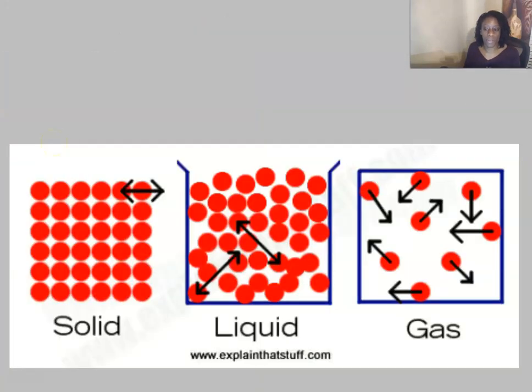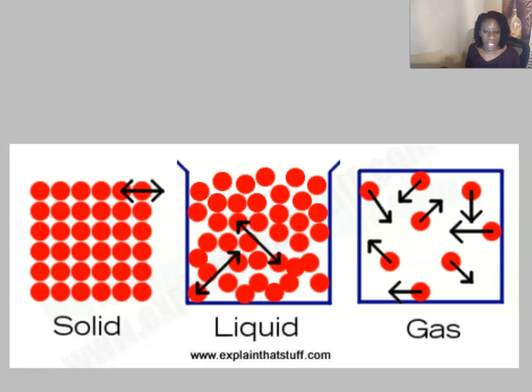Now, when we're looking at particles that exist in the 3 phases, solid, liquid, and gas, typically the most dense phase is going to be the solid form. So let's look at this picture and talk about why. Let's start with the gas. Here, when particles are in the gaseous state, the molecules are moving around a lot within their set space.